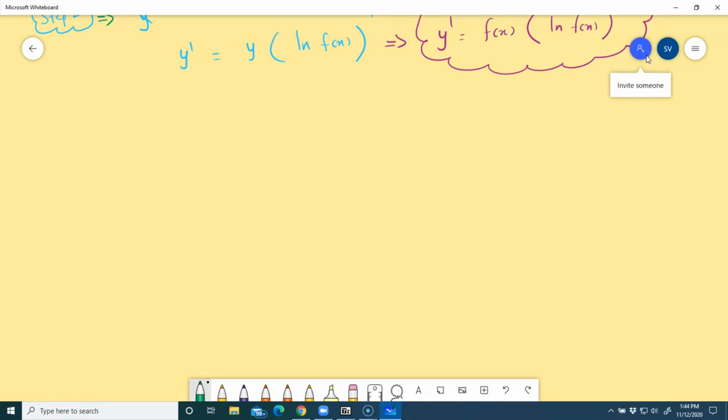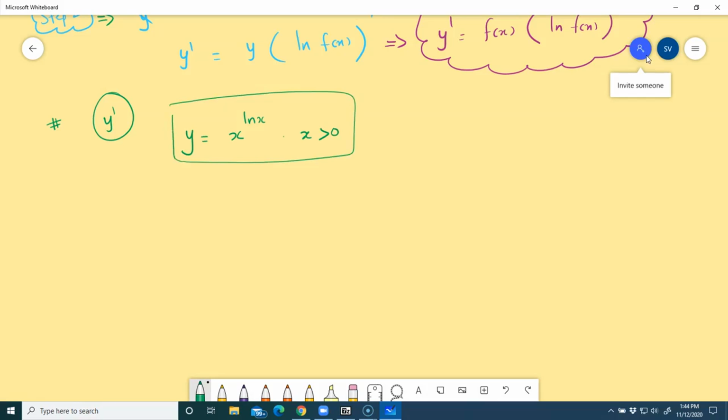So, question: find y dash. We need y dash. What is the function? y equal to x to the power of ln x. An interesting function. Condition: x greater than 0. We can try.